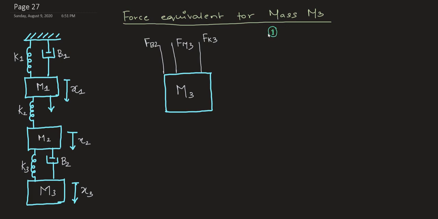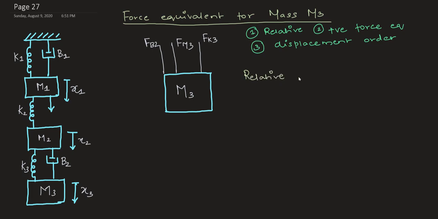And now let us check again these three conditions. We will do first relativity, then the force equivalent, which is the sum of all forces equal to 0, and the third condition is the order of your displacement. So now let us see what is the force equivalent equation here.